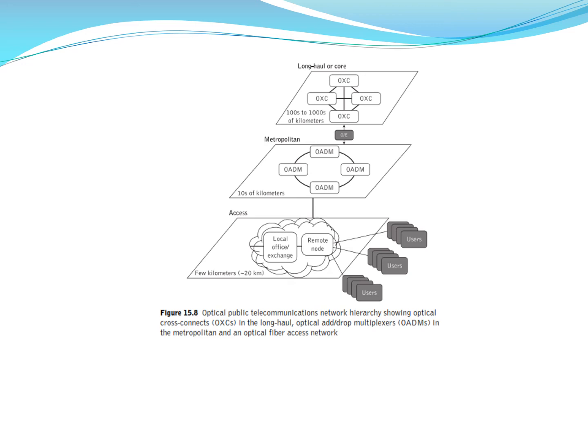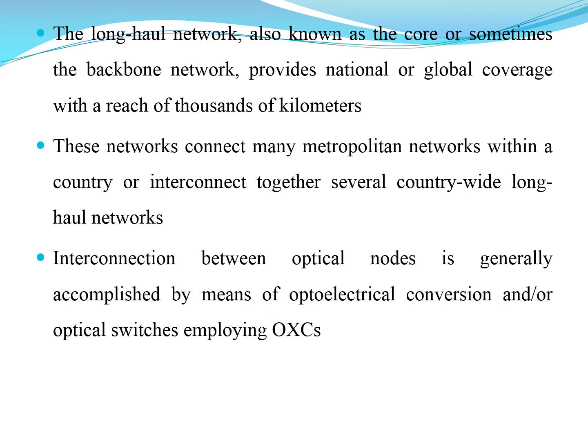The long haul network is also known as a core or sometimes backbone network, which provides national or global coverage, within a reach of thousands of kilometers. So it is a network within a nation or with global coverage.